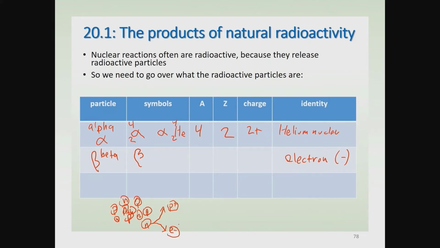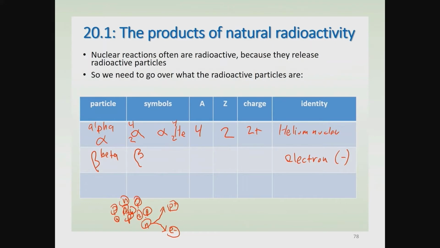Now, you might wonder, why did this happen? Why is the neutron creating these two oppositely charged particles? And the reason is the neutron has no charge, right? And so to have charge balance in this nuclear reaction, if you create a proton which is positively charged, you must create a particle which is negatively charged.